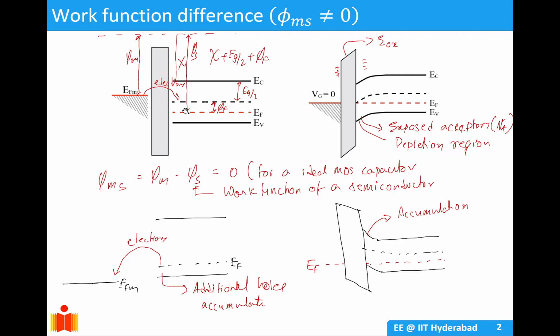So what will happen is when we connect these two in the equilibrium condition, the Fermi level has to be the same. So the Fermi level here rises up to match the Fermi level of the metal, and this causes a downward band bending in the bands.